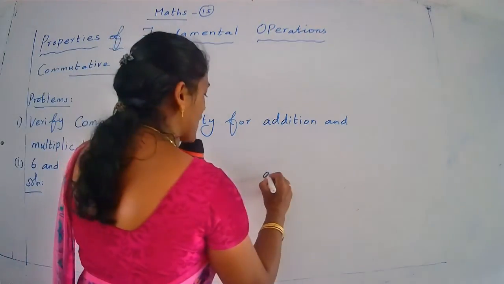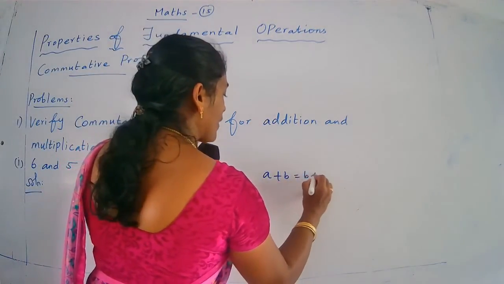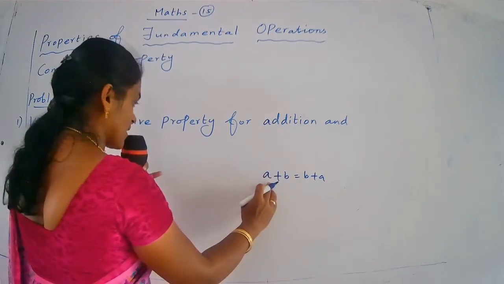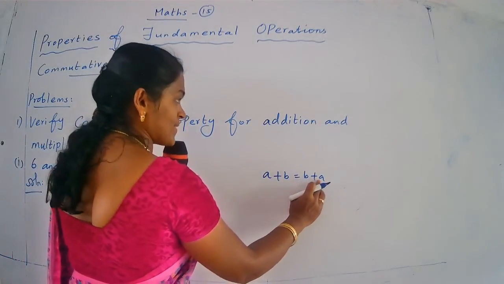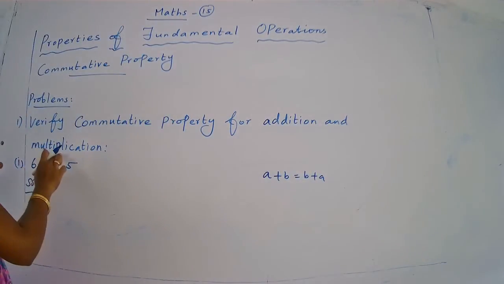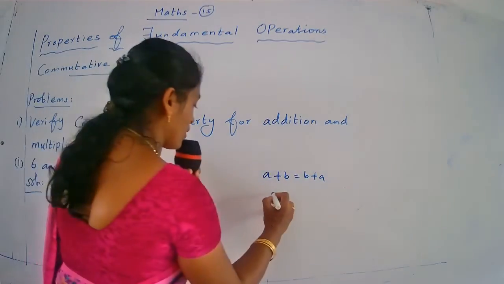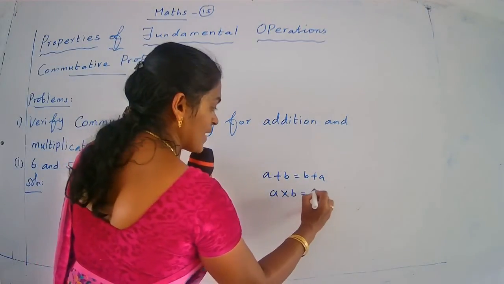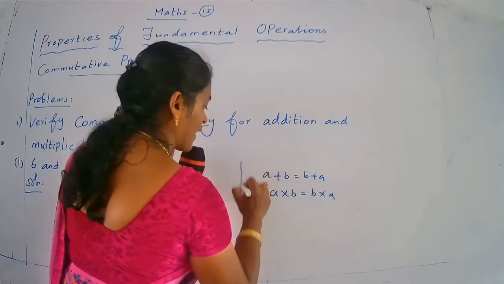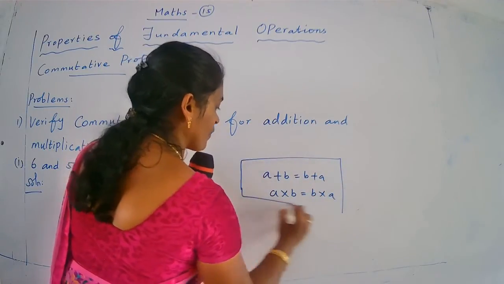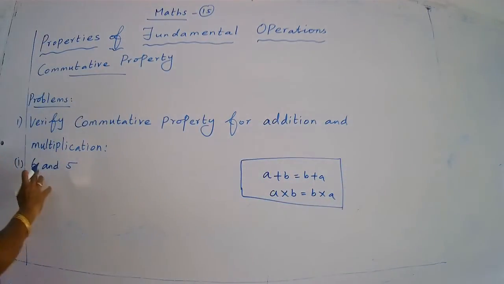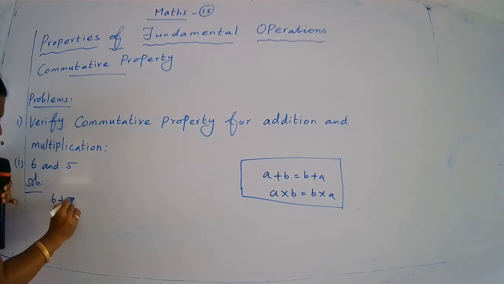A into b is equal to b into a. Okay, here a is 6, b is equal to 5. So first of all you multiply the two numbers. So 6 into 5, what is the answer? 6 5s are 30. Now you change the order. Okay, 5 6s are 30. You see here the answers are same. Both are same. So therefore commutative property is true for multiplication. Okay children, so hence verified.